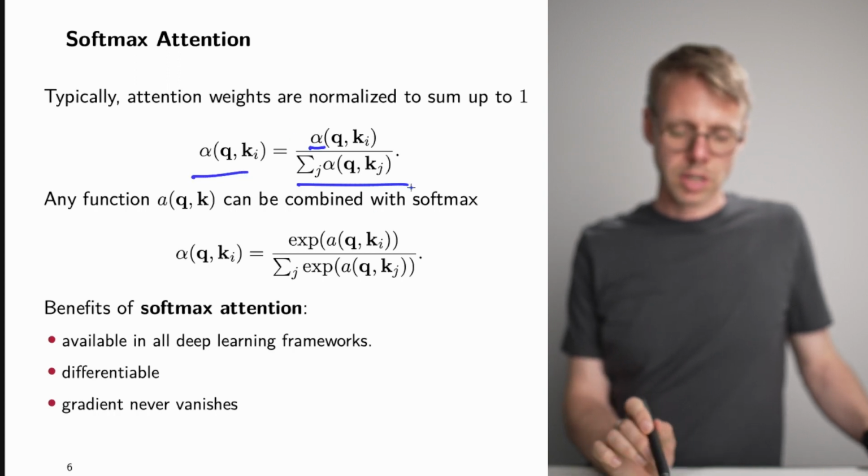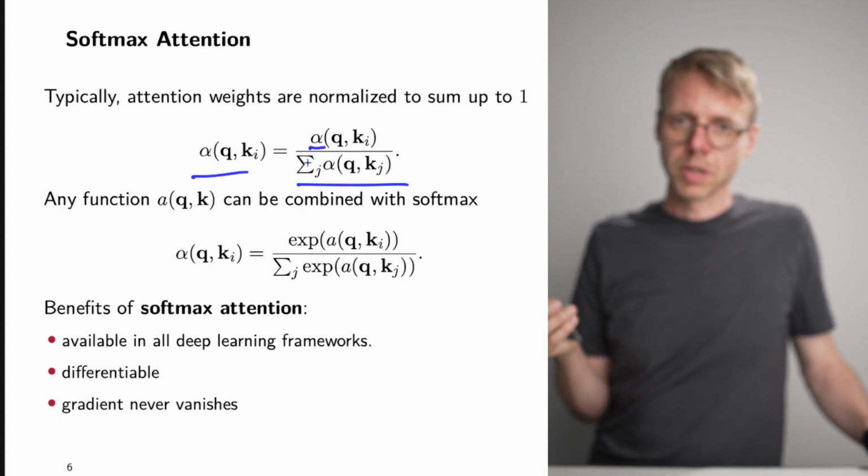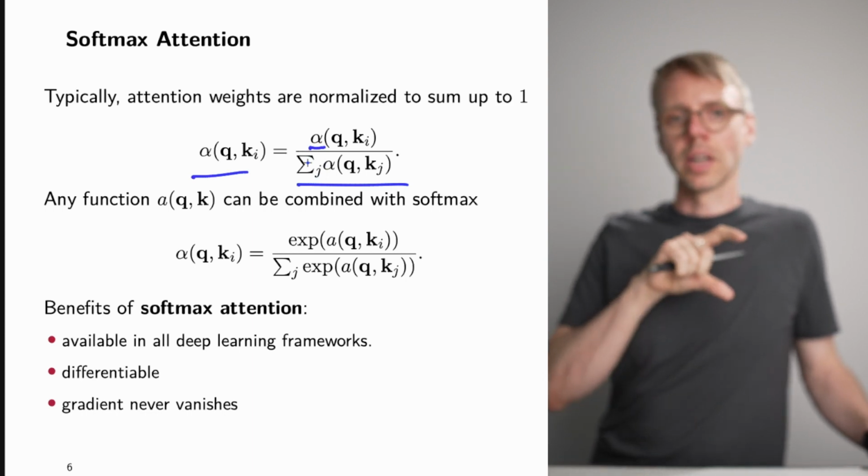And if they're all then also larger or equal to 0, this would result in a convex combination.